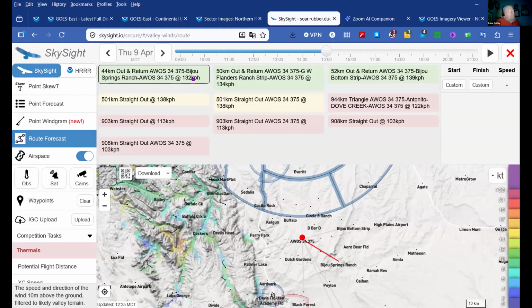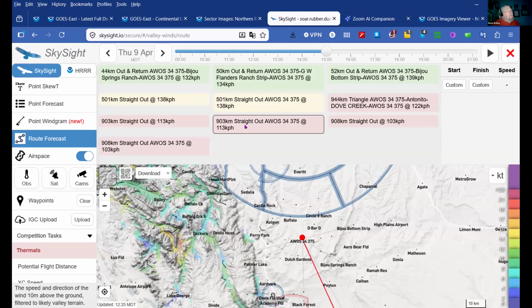Okay, so I'm only out there for 20 minutes. Here's a 500-kilometer straight out. So at 138 kilometers, for today this would be a little more than a medium task. This would be a hard task. The red is the challenge task.